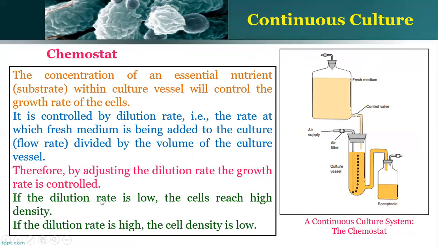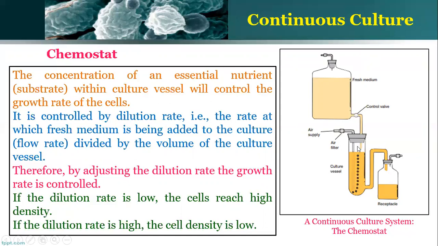In this image, you can see this is a culture vessel and this is the reservoir containing the medium, and the culture vessel has been supplied with air, and it also contains a port for the inoculum. Whatever spent medium is present in the culture vessel is transferred to the spent medium vessel or receptacle. So in this medium, once you have inoculated the organism and maintained optimum conditions, then the organism will grow.